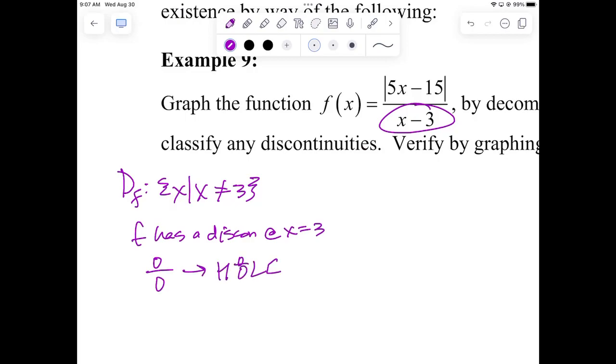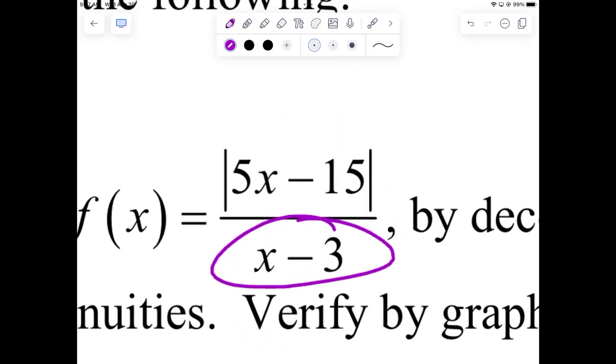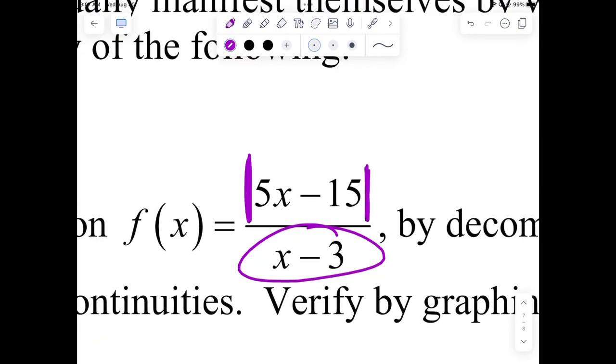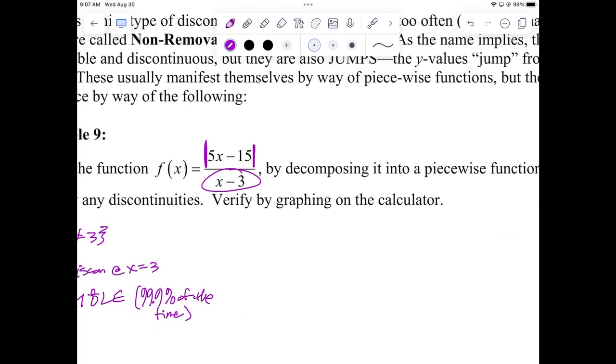It's a hole. And this is going to be 99.9% of the time. The tenth of a percent that it's not is this case right here, okay? And I'll show you. It's easy to spot because it's going to have the absolute values. And it's going to be even easier to spot after you see what we do to answer this question.